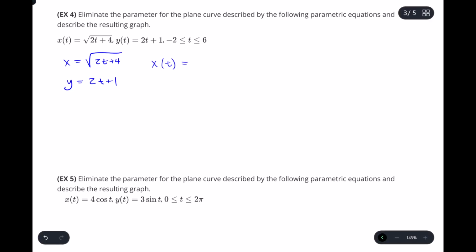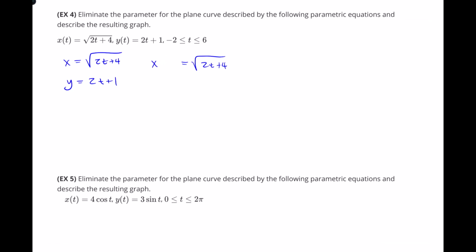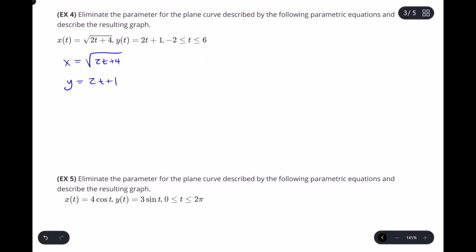So if I define this thing as the square root of 2t plus 4, that clearly defines a function because of the parentheses. But even if I didn't have this, this declares x as a function. The variable is inherently understood to be t because that's the variable involved. And this is perfectly fine. So don't worry about me not including the t in parentheses versus including it.